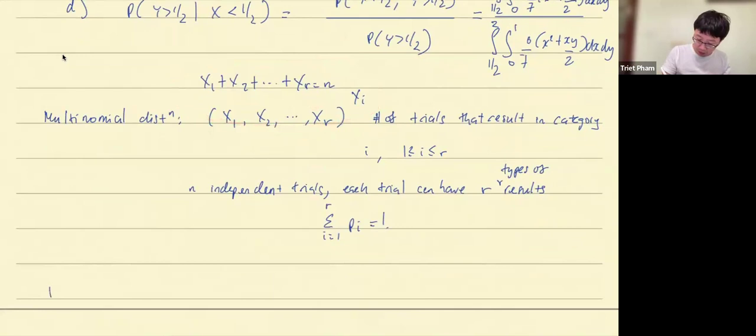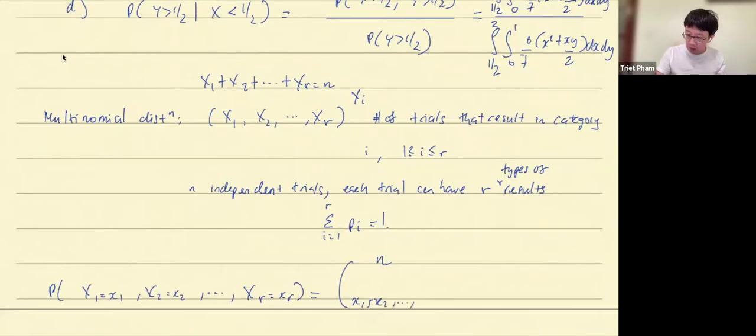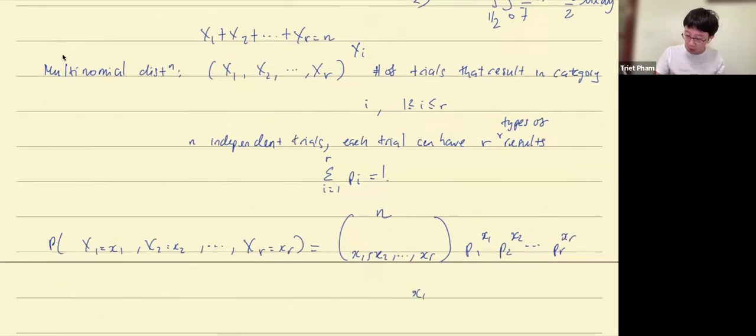So the probability that X1 equals x1, X2 equals x2, up to Xr equals xr will be n choose x1, x2, up to xr, times p1 to the x1, p2 to the x2, pr to the xr, where of course the sum of these x1, x2, etc. up to xr must be n.